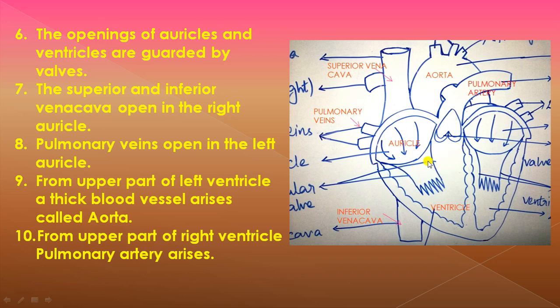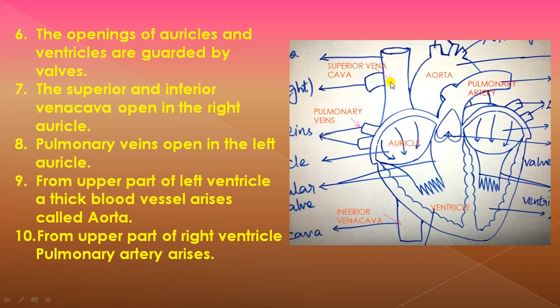Here we just discussed the internal structure of the heart, how the heart is divided into four chambers, the muscular partition, the sizes of the auricles and ventricles, the thickness of the wall of auricles and ventricles, and the blood vessels.